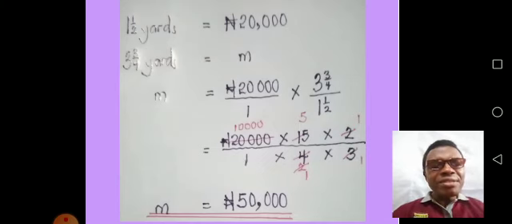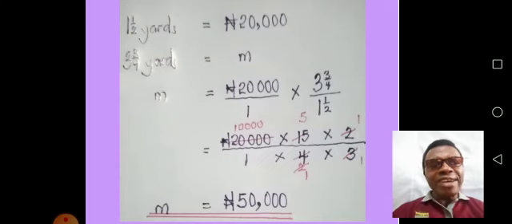Let's cut. 3 into 3 is 1, 3 into 15 is 5. 2 into 2 is 1, 2 into 4 is 2. And then the last 2 in the denominator, 2 into 2 is 1, and 2 into 20,000 is 10,000. And then our unknown money will be 10,000 times 5, which is 50,000.